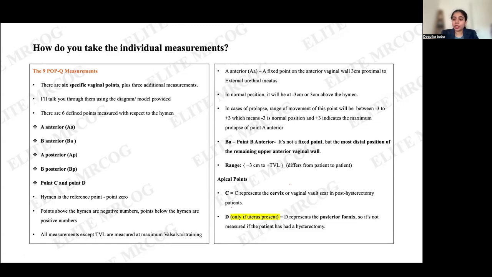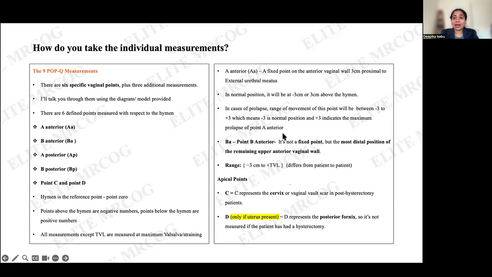I will tell you. So A anterior. Don't say AA, BA, BP, AP. No, pronounce it as A anterior because it will be easy. Okay, A anterior, B anterior, A posterior, B posterior, and then we have point C and point D. So these are the 6 specific points we generally take in relation to the hymen.